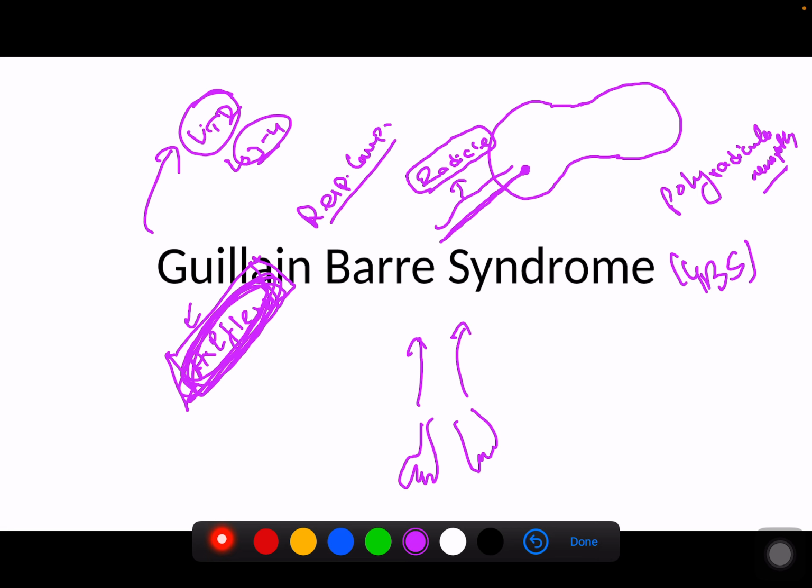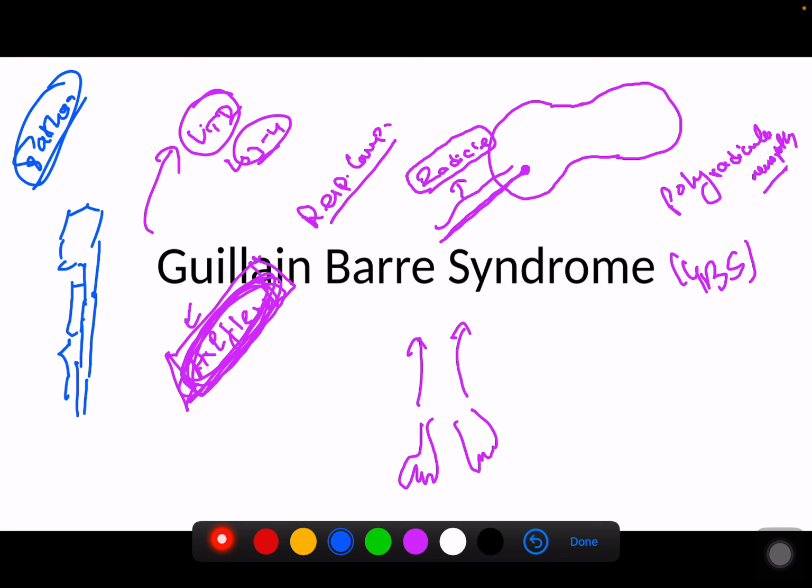Now, what is the actual pathogenesis of Guillain-Barré syndrome? The pathogenesis is the formation of autoantibodies against the myelin sheath of the nerve. Suppose there is this myelin sheath; against it there is a formation of autoantibodies, which will lead to demyelination of the nerves, and because of demyelination, weakness starts occurring.